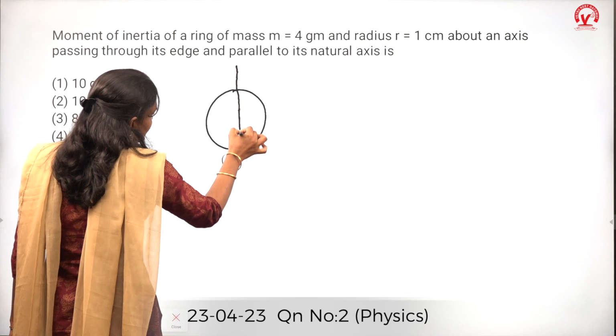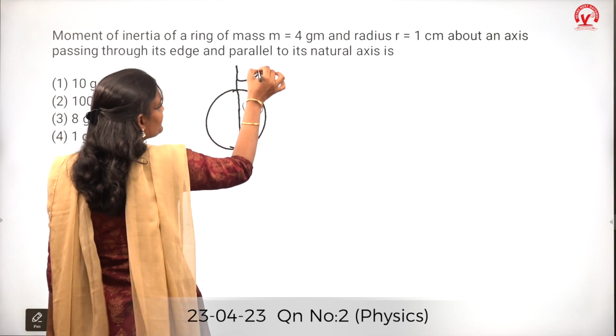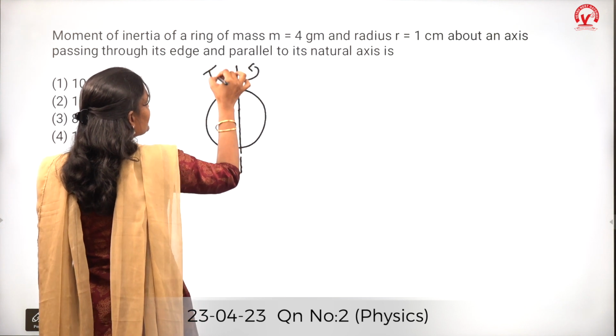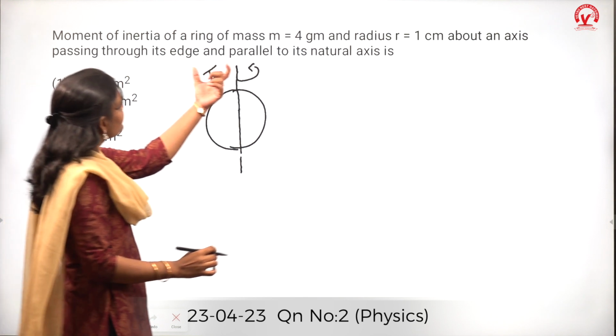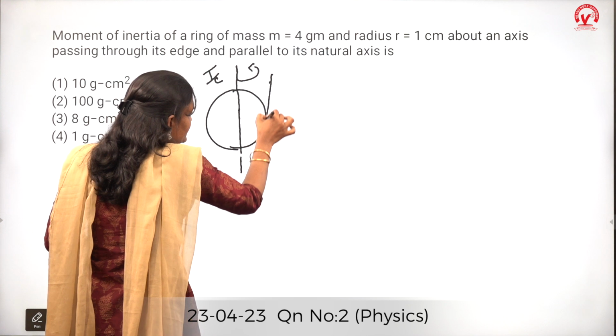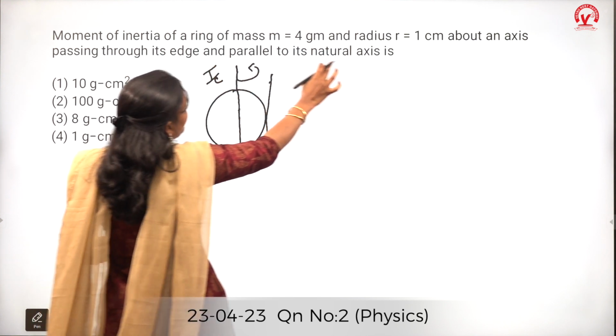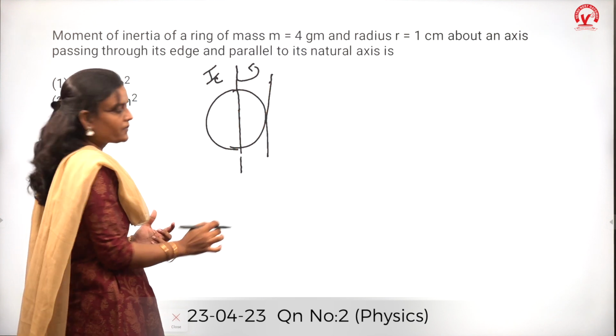This is the axis of rotation. The moment of inertia about the axis passing through the center is IC. Here in the question they gave the edge, so we draw a tangent at the edge, which must be parallel to the natural axis. This is parallel to the natural axis now.